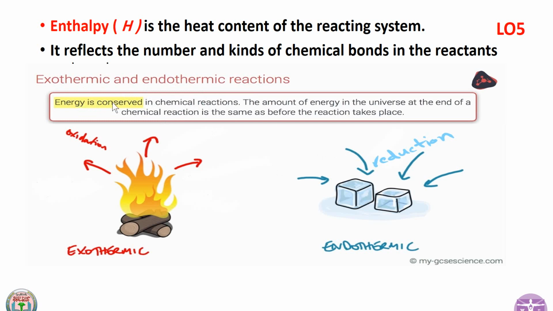The energy is conserved in the chemical reaction, and the amount of energy in the universe at the end of the chemical reaction is the same as before the reaction takes place. The energy is the same, but it is conserved and stored in a chemical reaction.